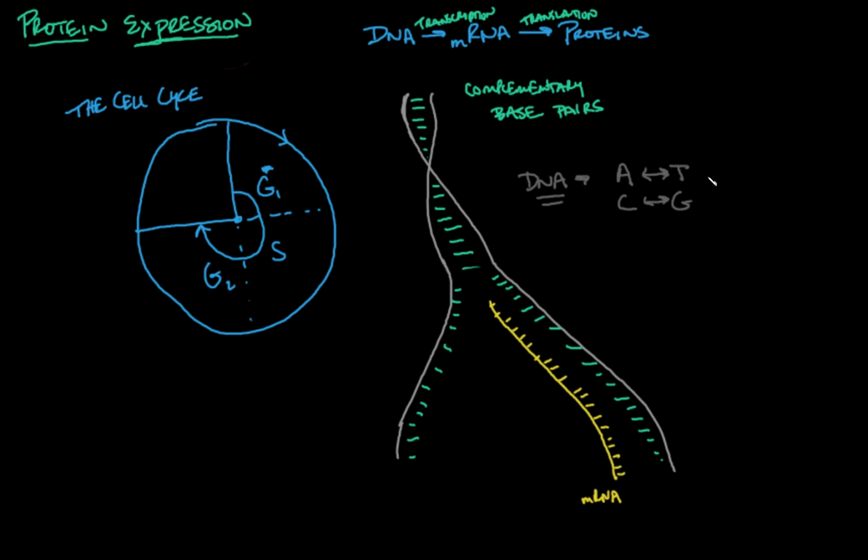You should know that because that's how you're doing your pairings for your modeling. But when we're talking about DNA to RNA, we have to think about this a little differently. This is involved in transcription, right? So DNA to RNA.